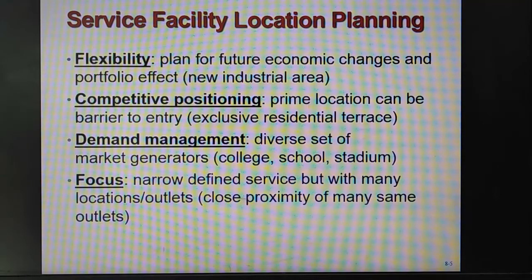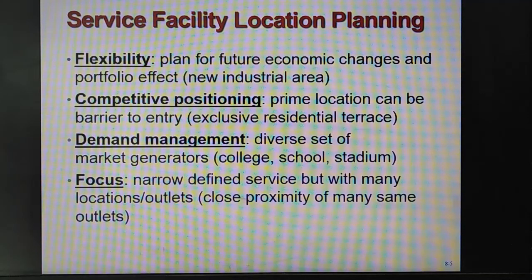For example, the first parameter is flexibility. That location must have the flexibility for catering to future economic expansion. For example, in future, there's going to be a new industrial area in the service facility location of your proposal.